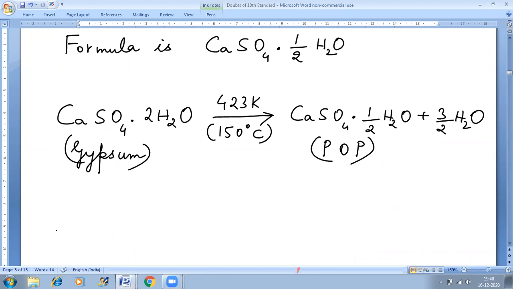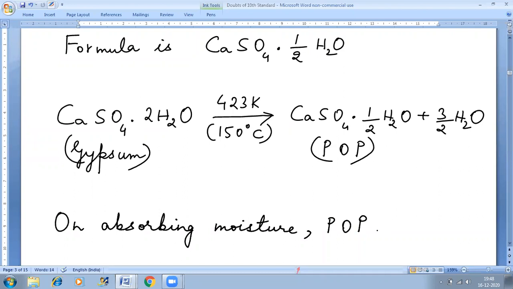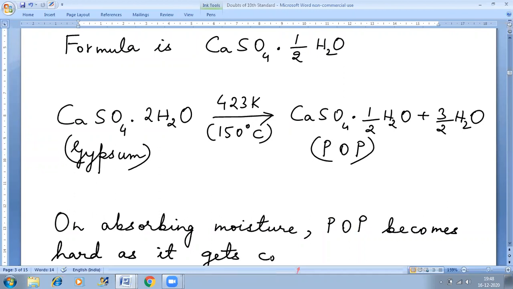Now POP has a tendency to absorb moisture from the surroundings. So on absorbing moisture, POP becomes hard as it gets converted to gypsum.